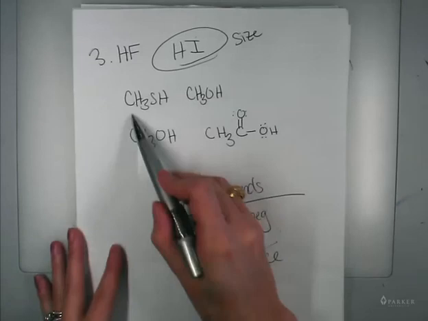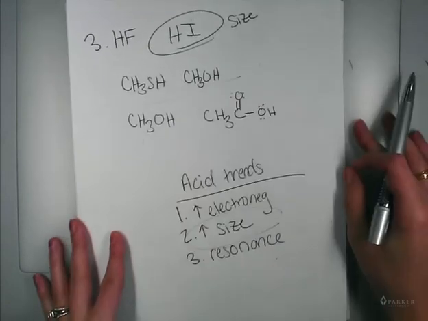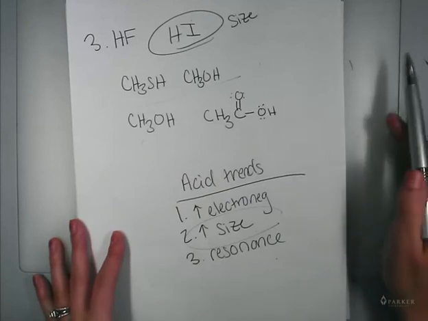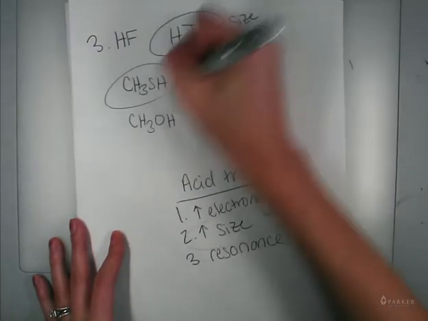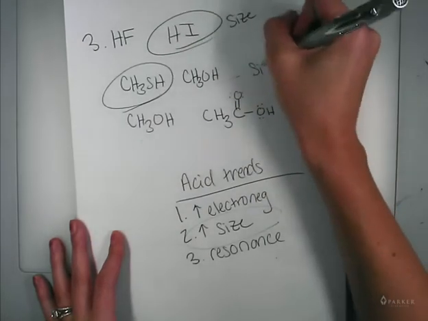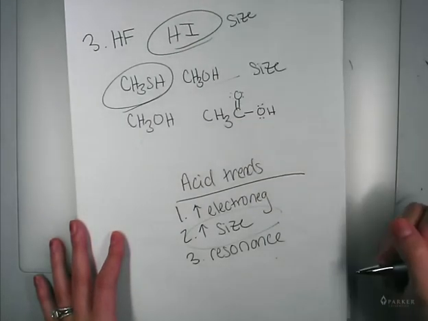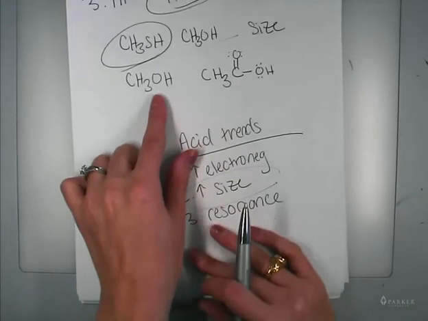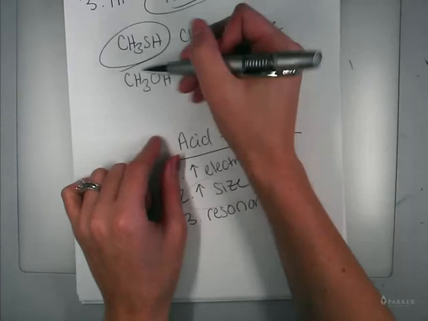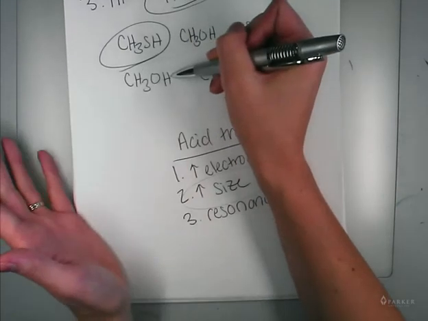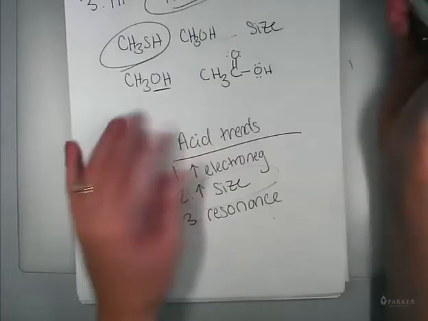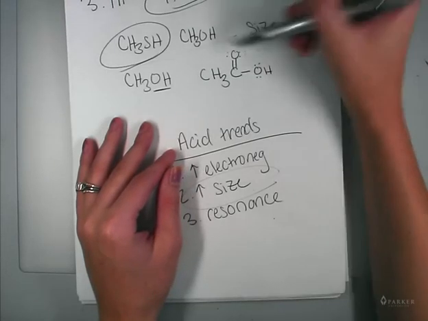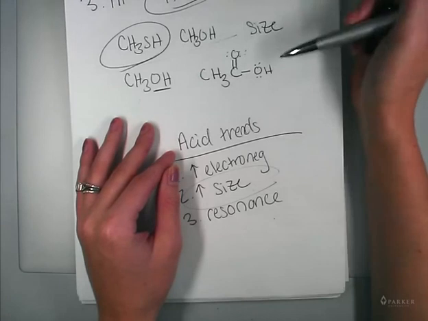So looking at here, what's the trend we're looking at? Size again. So which one is larger? SH. Looking at this one, what's the acidic hydrogen here? Which one do we care about? OH. And then over here, is it the CH or the OH?